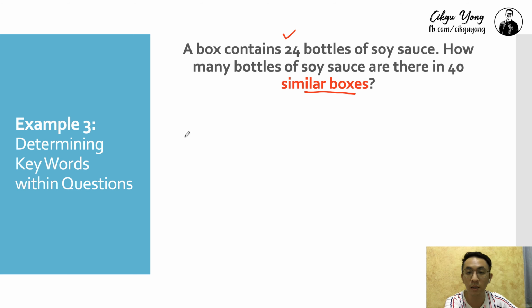So if you can't really figure out the keywords, what you can do is try to draw everything based on the statement given. So I have a box, so just forgive my drawing again. So this is my box. I have 24 bottles of soy sauce.